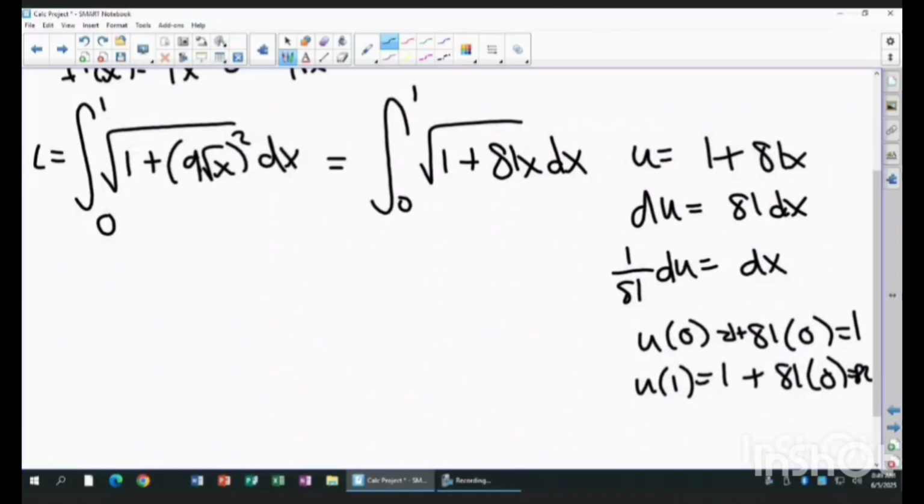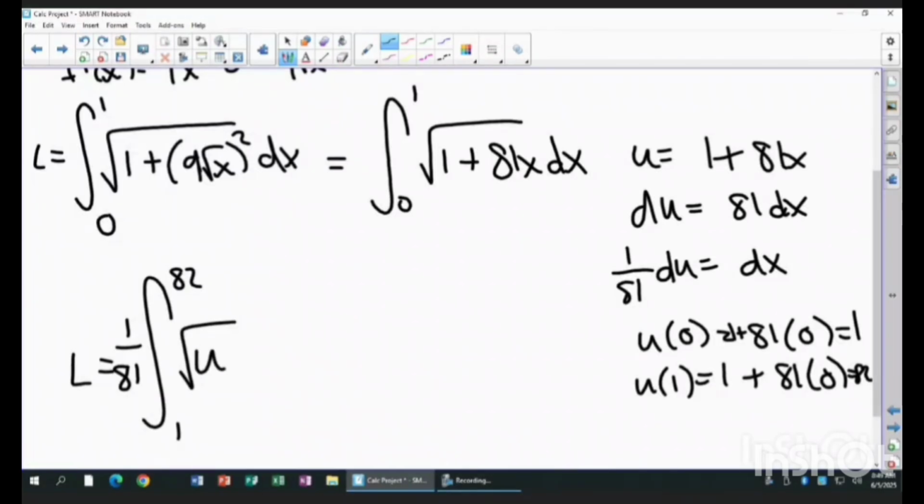Now that we have that information, we are going to make our new integral: 1 over 81 times the integral from 1 to 82 of the square root of u du.